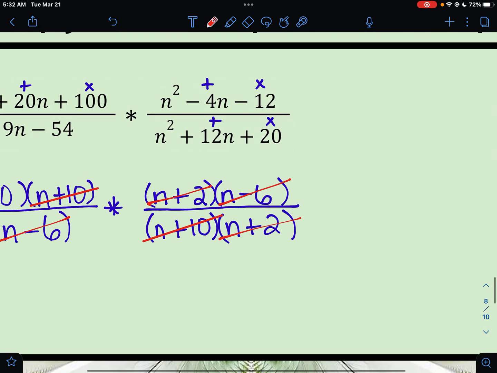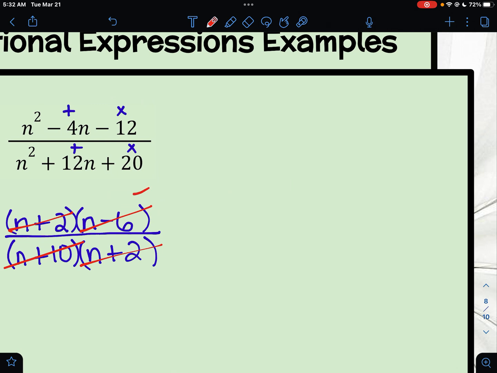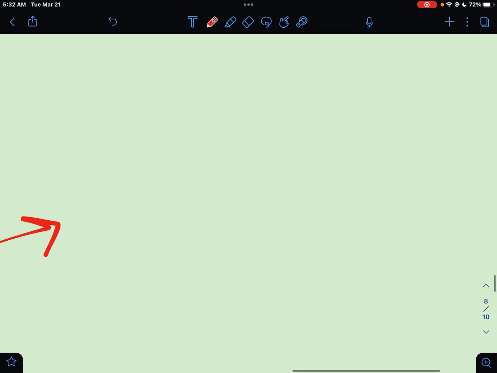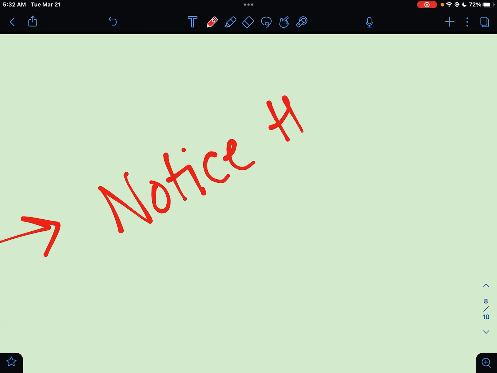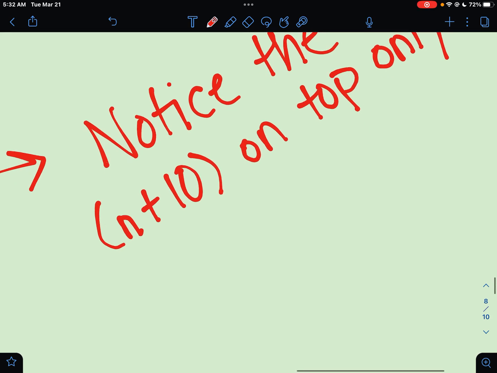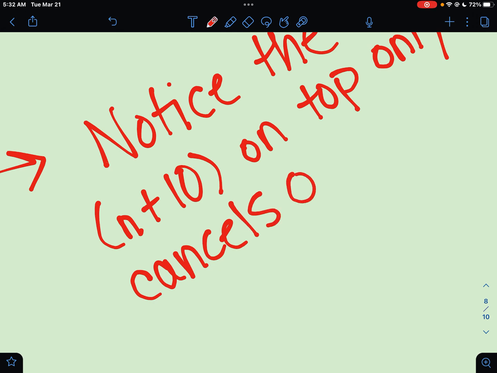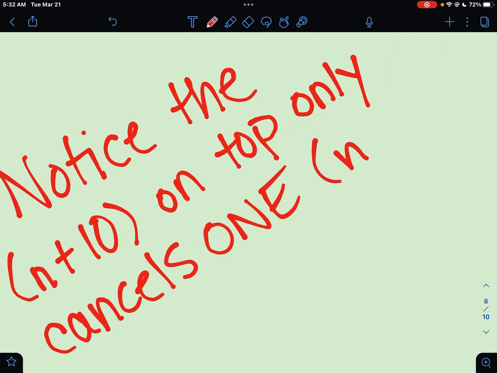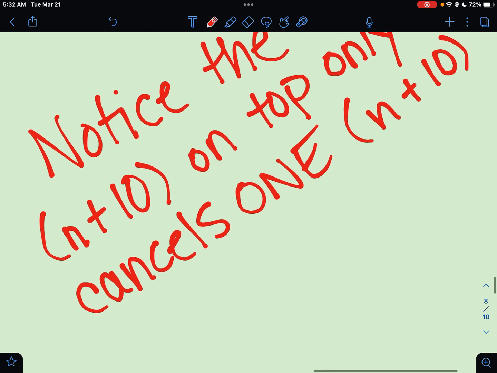So let's write a little note here. I want us to say, notice the n plus 10 on top only cancels 1 n plus 10 on the bottom.